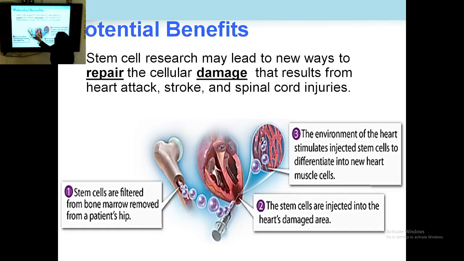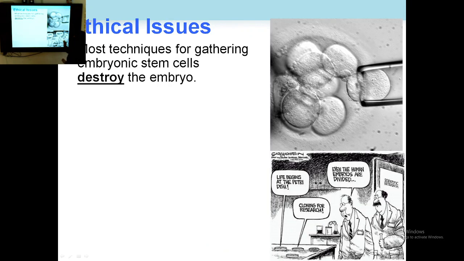So this technology could help the heart generate new cells to repair the damaged cells. This is dead tissue found in the cardiac muscle, and after we inject the stem cells, the heart could stimulate them to form cardiac muscle to repair the problem that has happened.